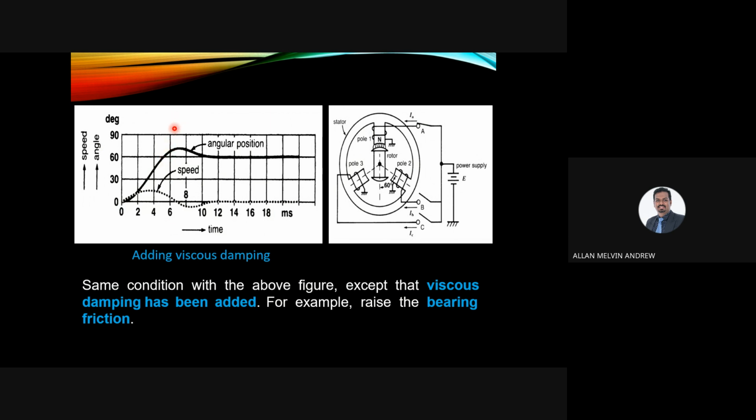Earlier it was above 90, but we can see maybe it reached like 65 or 70, then it starts to stabilize. So once it starts to stabilize, the time is also shorter for it to stabilize. Okay, that's why we need to consider all these elements in our stepper motor.